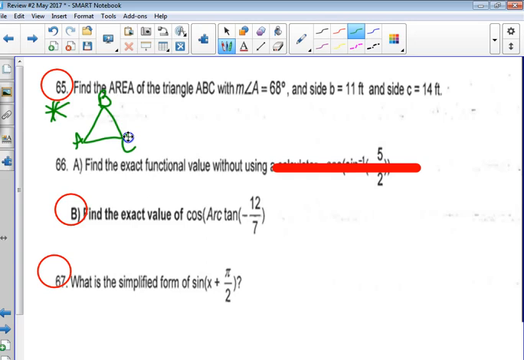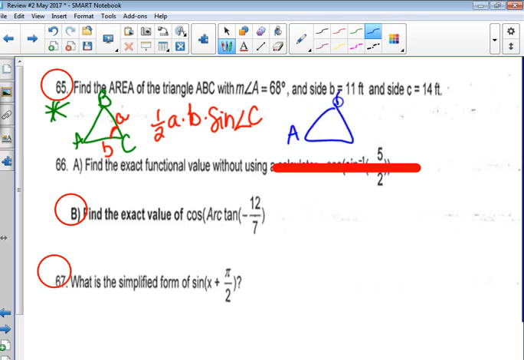Okay, the formula on your sheet says the area is 1/2 ab sine of C. So it's 1/2 a side times the sine of the angle that's in between those. Well, this one doesn't have exactly that setup. This one has angle A is 68, side B is 11 feet, and side C is 14 feet. So what are we going to do?